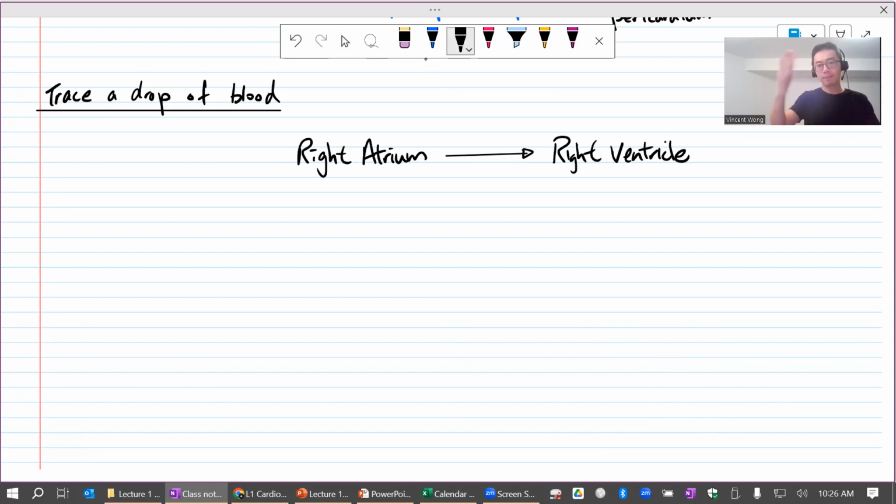It would help if you have the diagram that we just labeled, so you can trace along with me. It has to go through a valve. What valve do we go through to go from right atrium to right ventricle? What's the name of the valve?